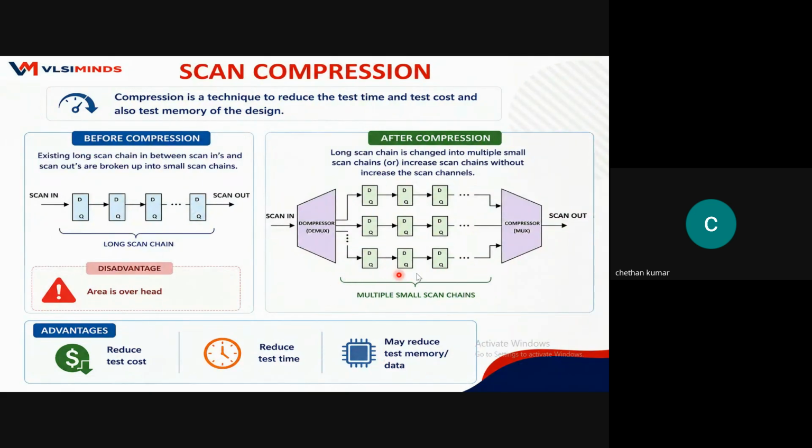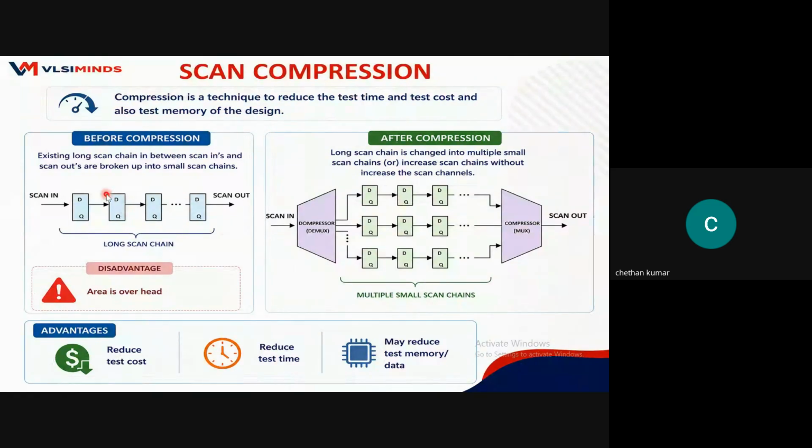So within 4 milliseconds, I can test the entire chip or entire design. That is called compression. See, compression is a technique to reduce the test time, test cost and also test memory of the design.